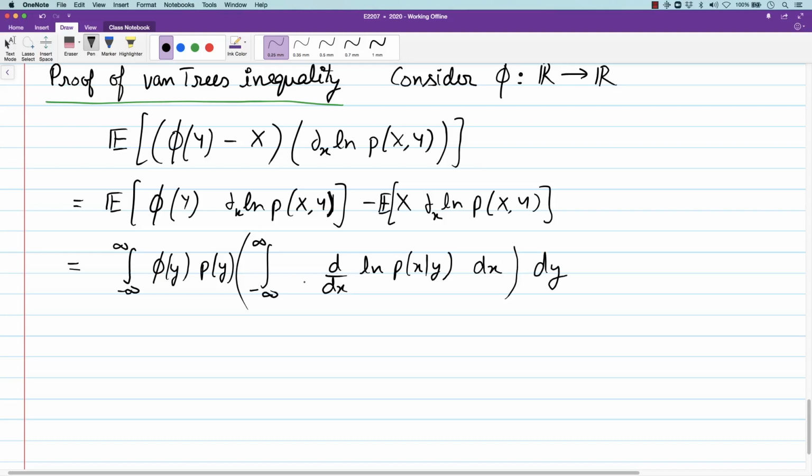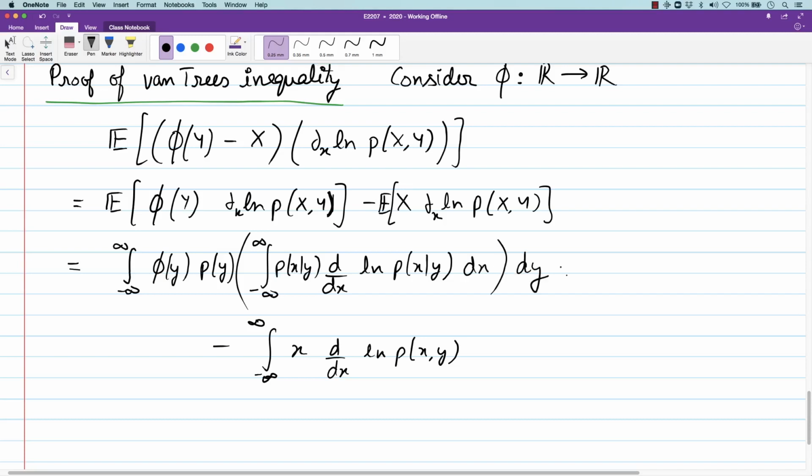This is the first term here. Minus the integral from minus infinity to infinity of x times the derivative with respect to x of ln p of x given y, to bring in the density of x also here. So this is again the density of x given y, dx dy.